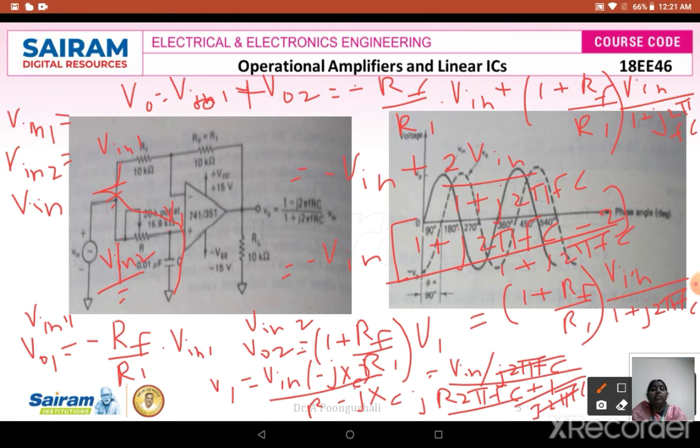If I take the minus inside, it is going to be written as 1 minus j 2 pi FRC by 1 plus j 2 pi FRC into Vin. So that is what we have got here.